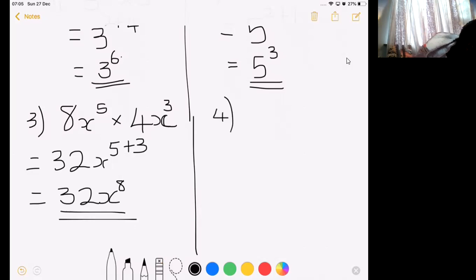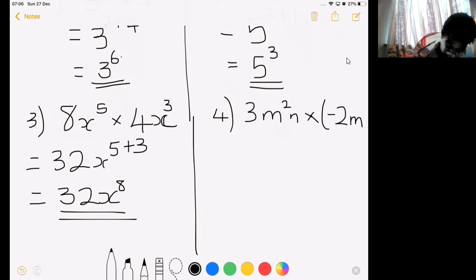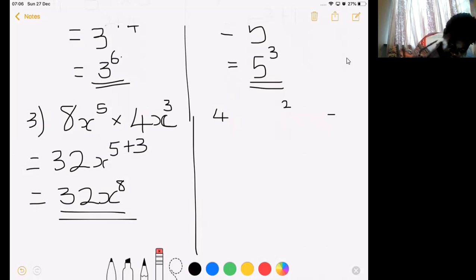Example number 4. 3m squared n times minus 2m n to the power of 3. Let me start it over.